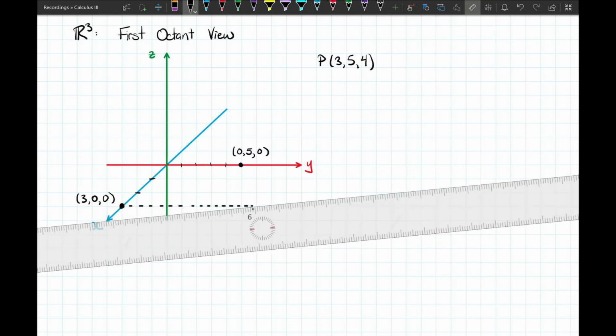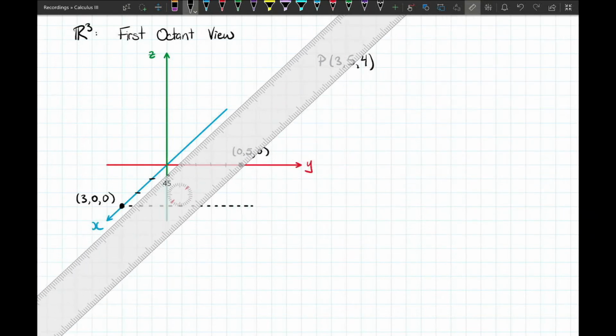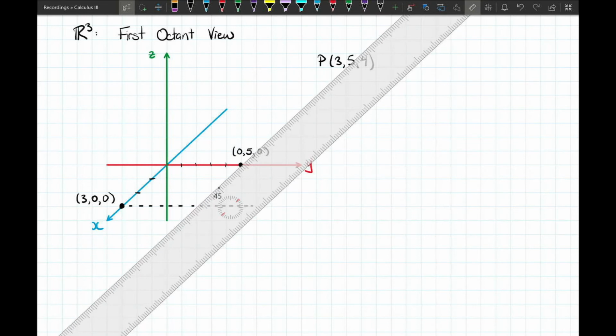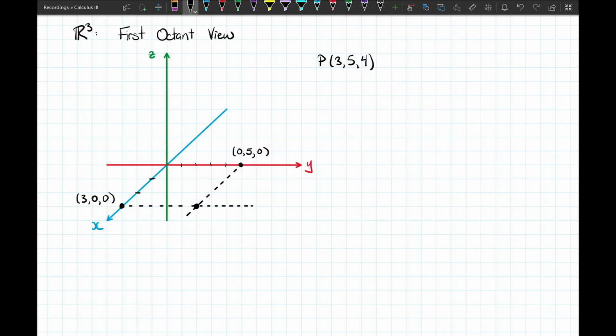And now we're going to take our ruler and put that parallel to the x-axis and take a look at the point 0, 5, 0, travel in the direction of the positive x-axis, and see where these two dotted lines meet. Where those 2 lines meet is a point where x is equal to 3, y is equal to 5, but we still haven't traveled in the direction of z, so this would be 0 for z.